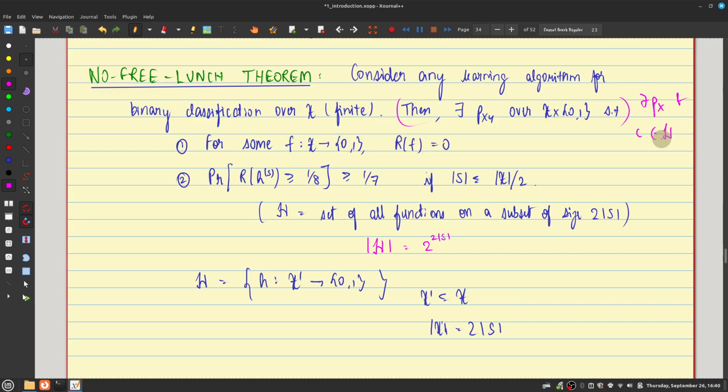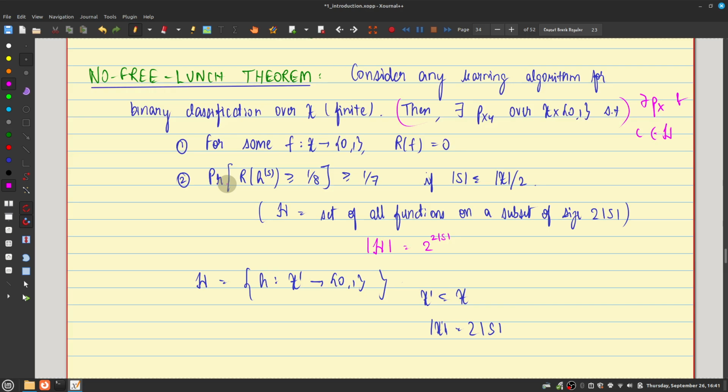So here, if you want to take x to be infinite, that's another way of stating the no free lunch theorem. If you take x to be infinite, then you will have to set things up in terms of restrictions of h to some finite set. So if the restriction of h to some finite subset of size 2m happens to be the set of all functions from this set to {0, 1}, in other words, if h shatters a set of size 2m, then this happens.